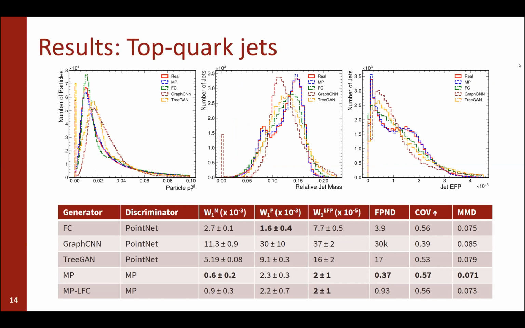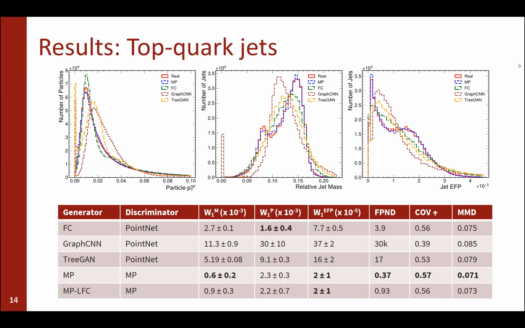with some other interesting things. First, you see that the TreeGAN and the graph CNN completely fail to describe the relative particle PT. And why is that? You look at the big spike on the left, it's the mask. They cannot learn the masking.